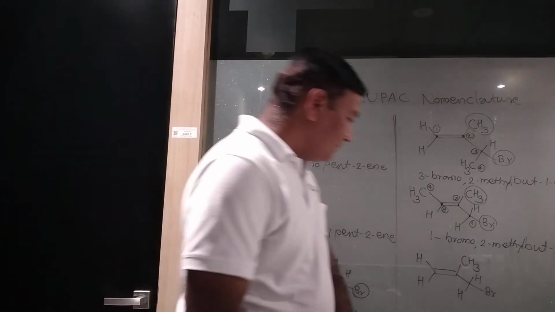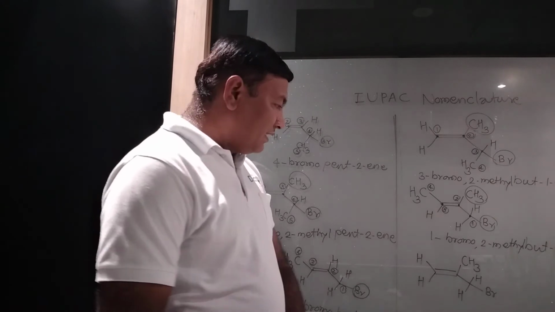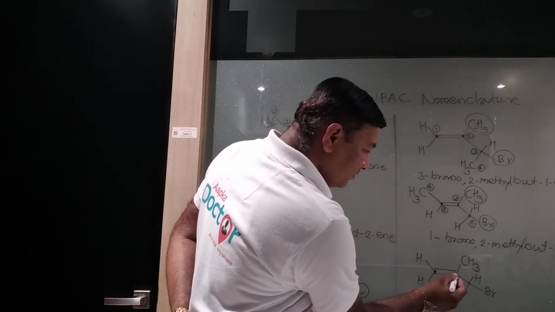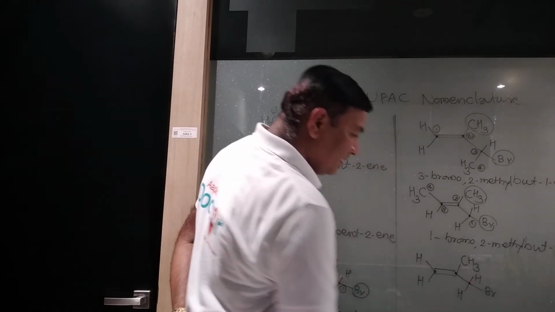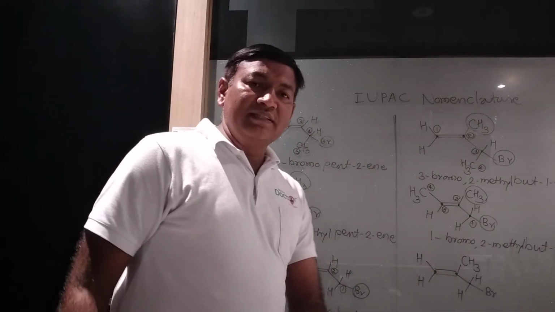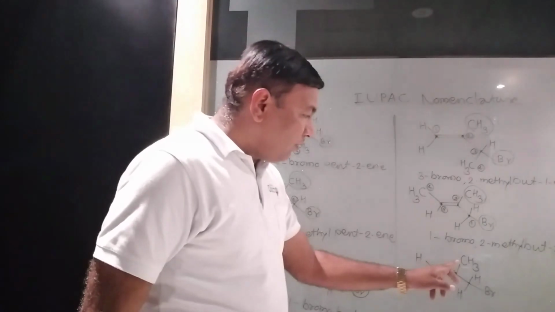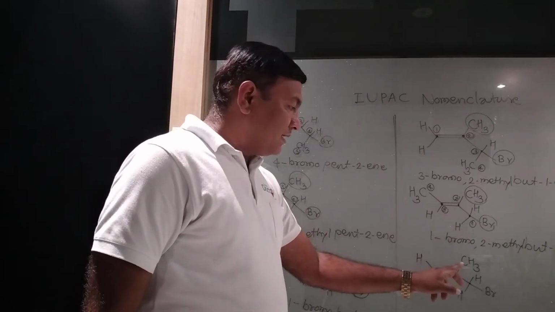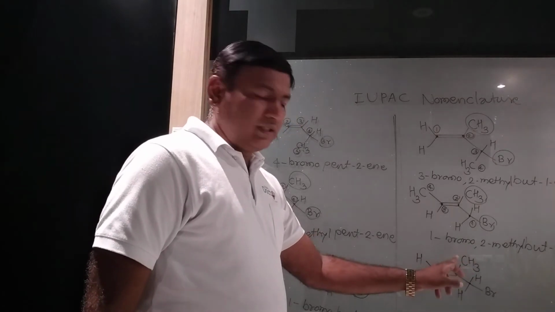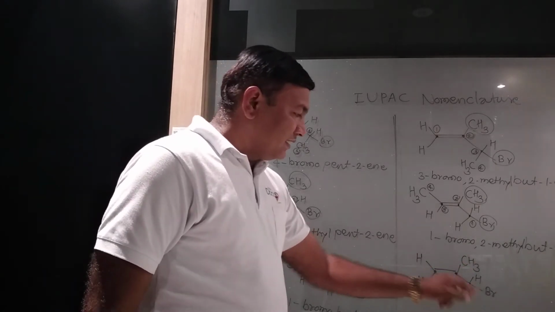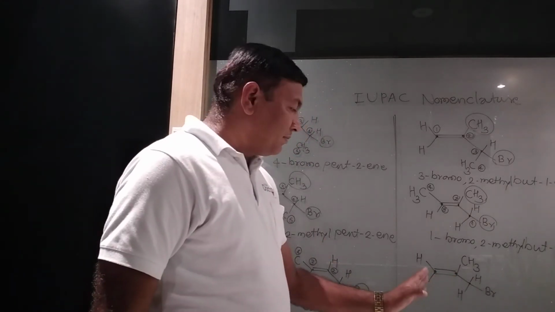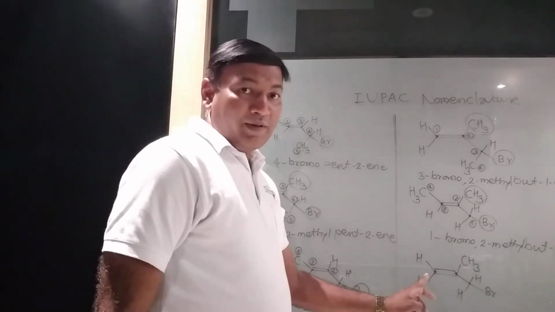What about here? Yes, think carefully. Here is 1 carbon, here is another carbon, here is 3. It means a 3 carbon chain is there. Understand? Why have we not taken this carbon in the longest chain? Because there is no substituent. So this is the longest chain. Numbering from this side or this side, again the preference should be from the alkene side.